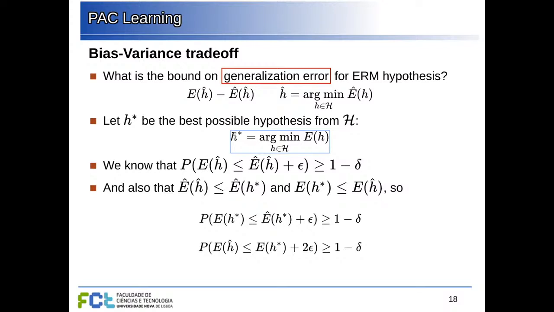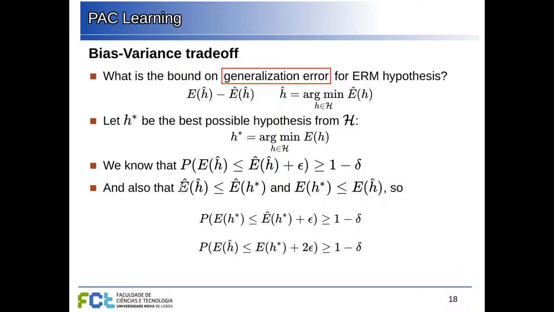We just cannot find it. So we know that the probability of the true error of the hypothesis that we found being below the empirical error plus this epsilon is at least 1 minus delta. This is the definition we got for the epsilon and the delta.